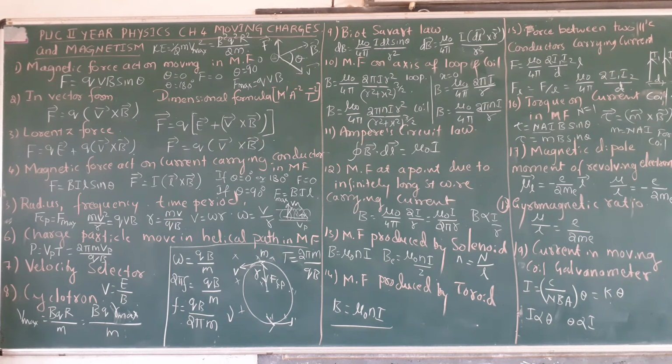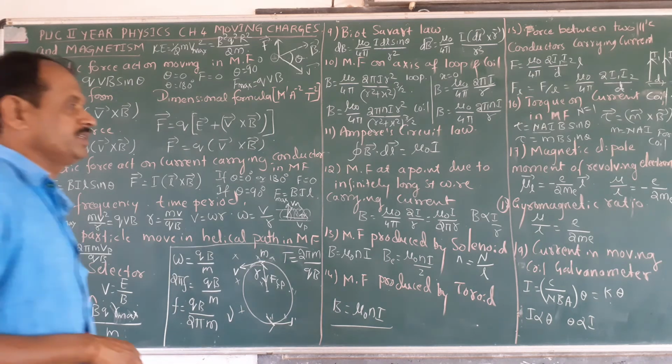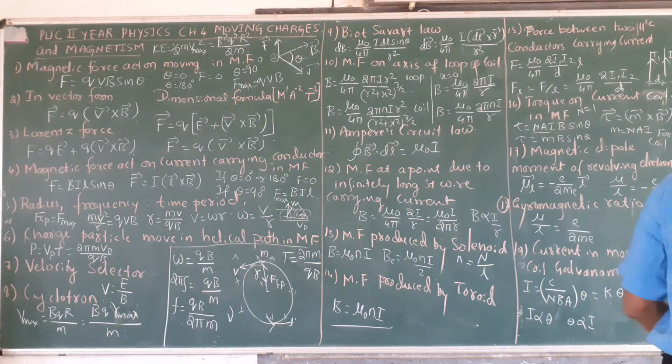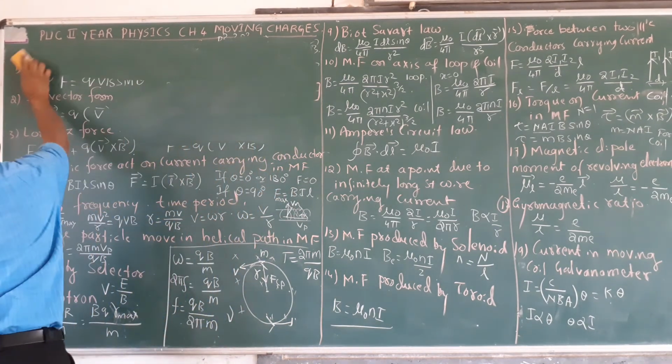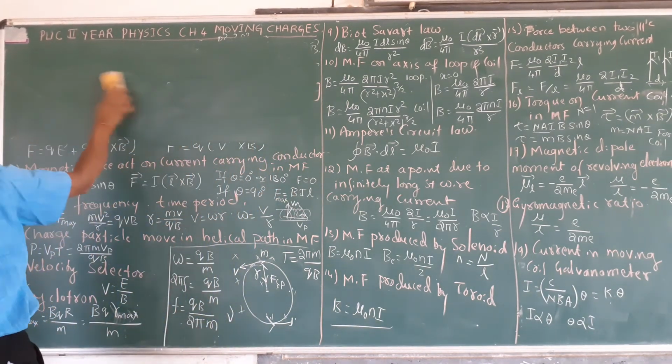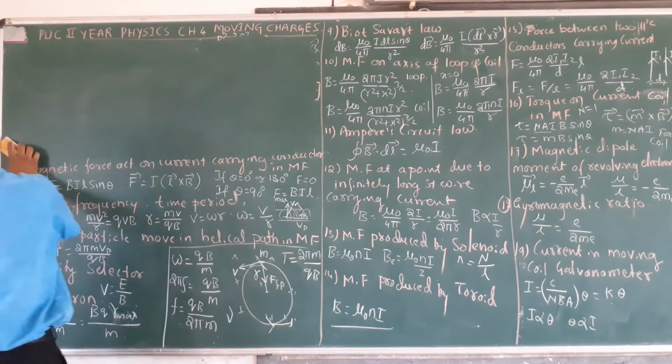Now the moving coil galvanometer is converted into an ammeter and a voltmeter. Yes, it's the last concept in this chapter.